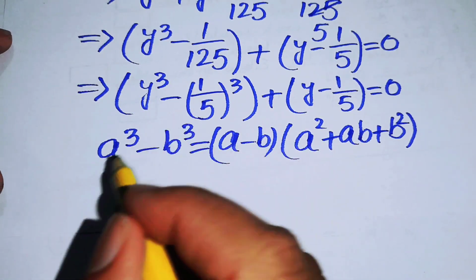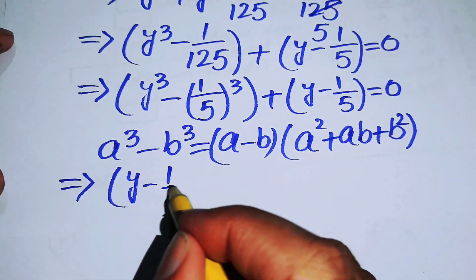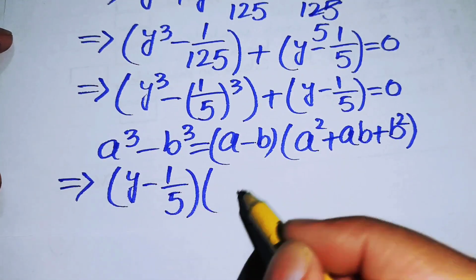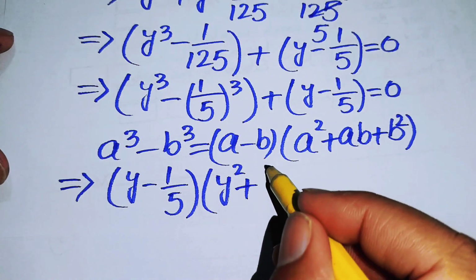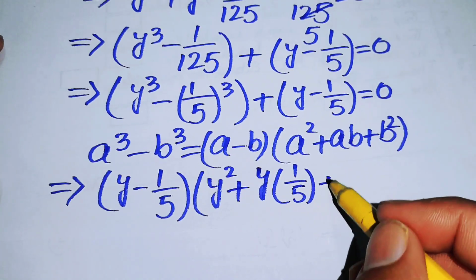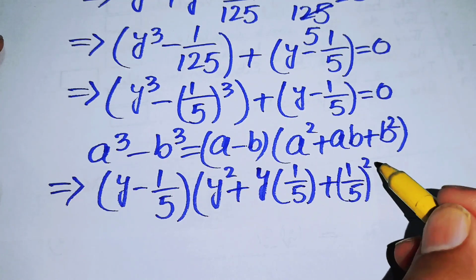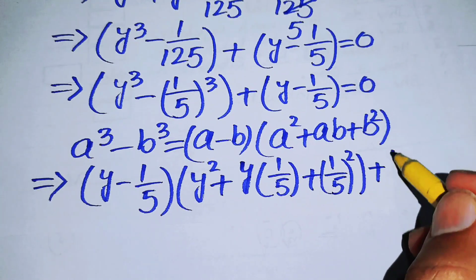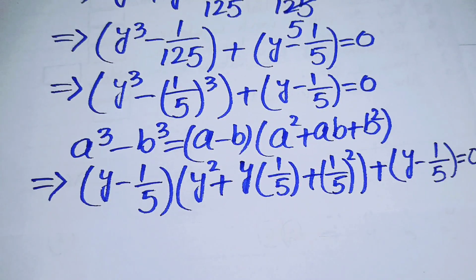The first term becomes y minus 1 over 5 into y squared plus y into 1 over 5 plus 1 over 5 squared, and here you have y minus 1 over 5, and this whole equals 0.